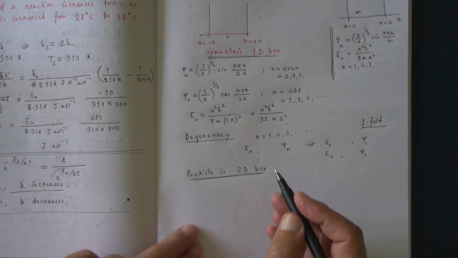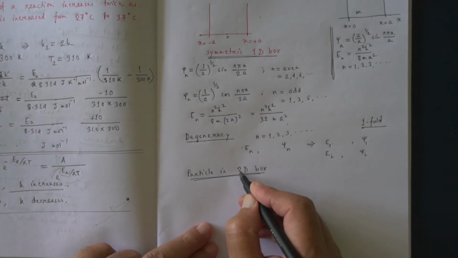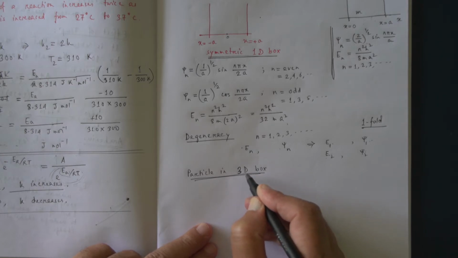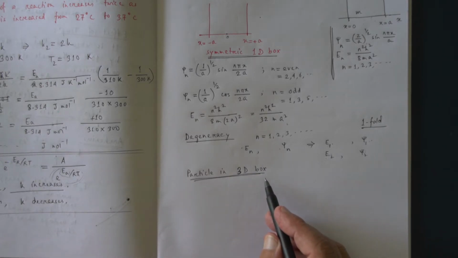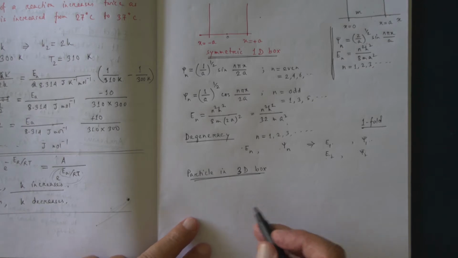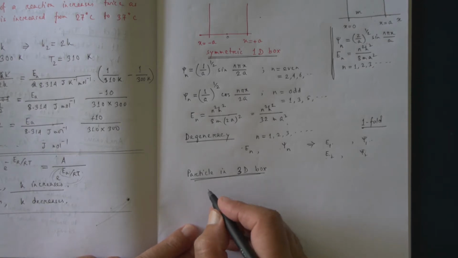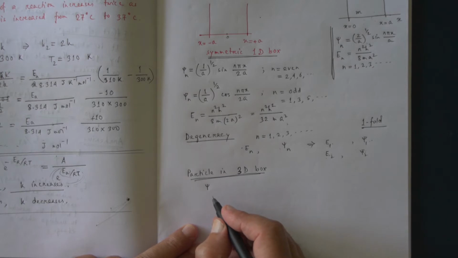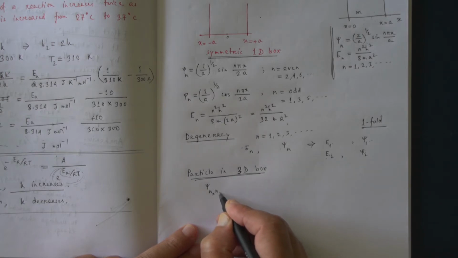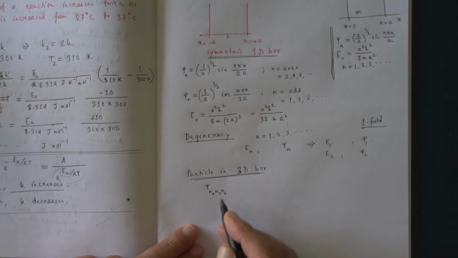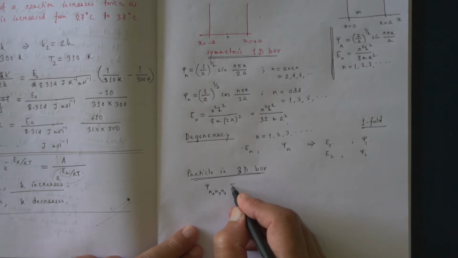Well, first let us talk about the particle in a 3D box, because we have discussed this. So what is the wave function? The wave function depends on three quantum numbers. Let me write it like this: nx, ny, nz. Three quantum numbers.